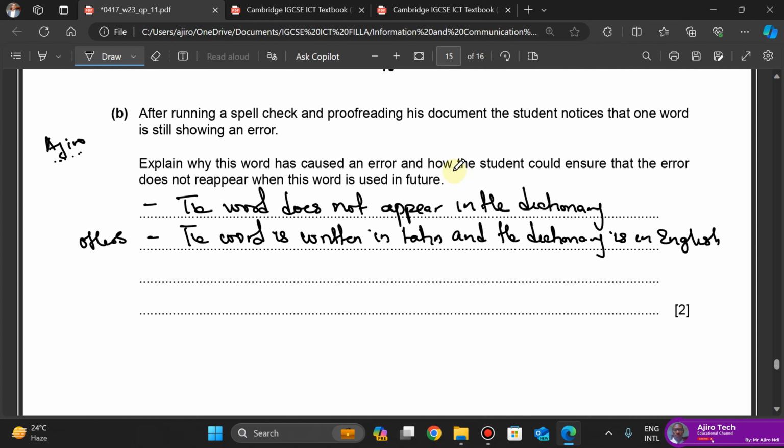Now, here we have to say how the student ensures that the error does not appear when the word is used in the future. So what is it going to do? What it's going to do here is to add that word to the dictionary. Okay, add the word to what? The dictionary.